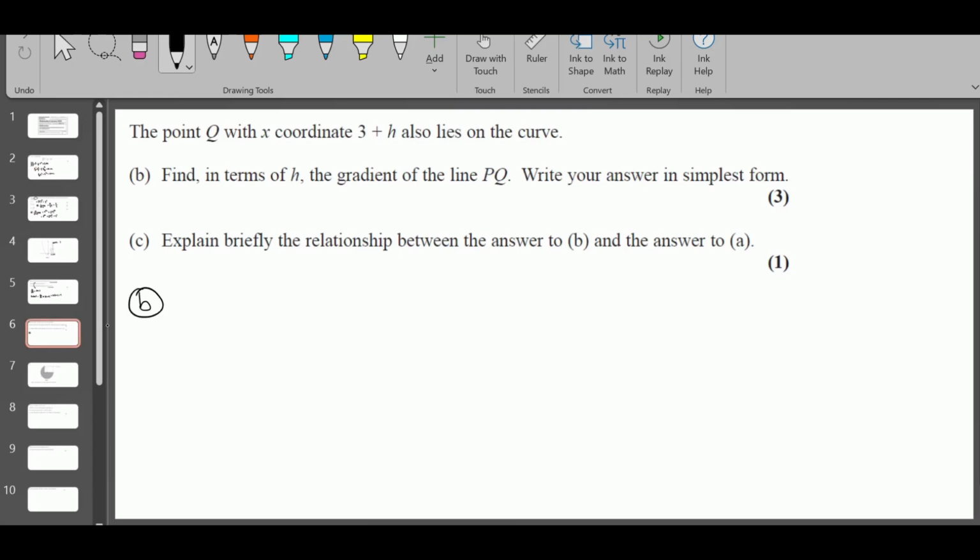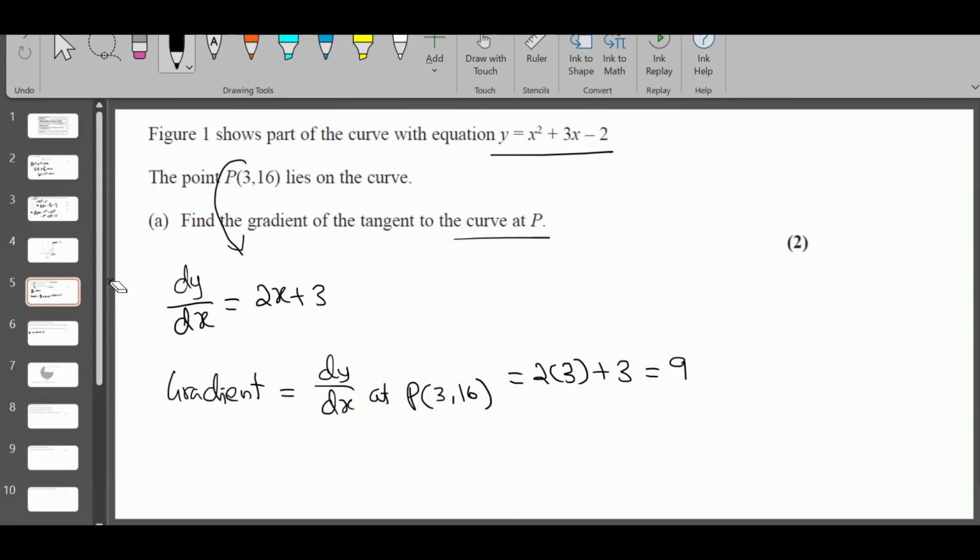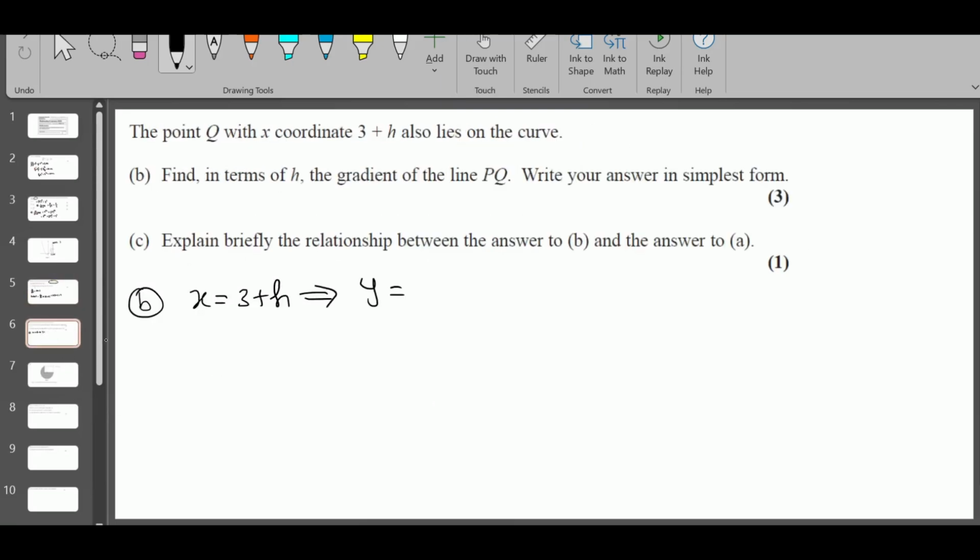So you need the y coordinate of Q. When x is 3 plus h, you sub x is equal to 3 plus h into the original function, x squared plus 3x minus 2. So open the bracket, (a plus b) whole squared is a squared plus 2ab plus b squared.